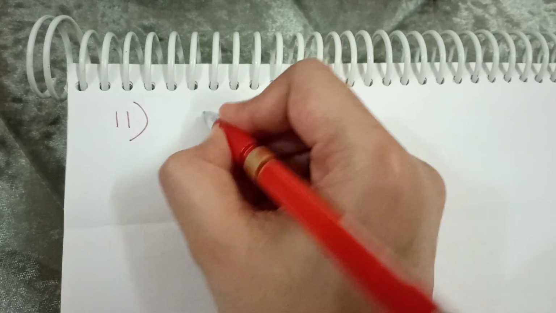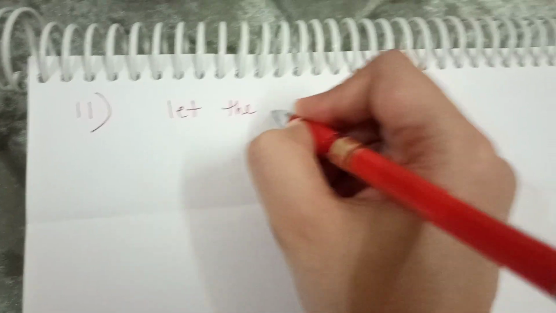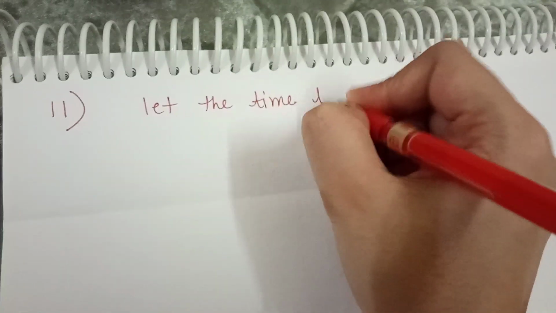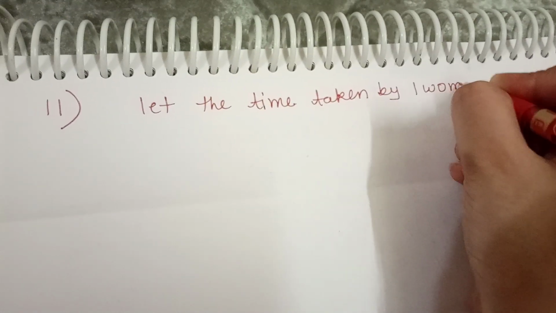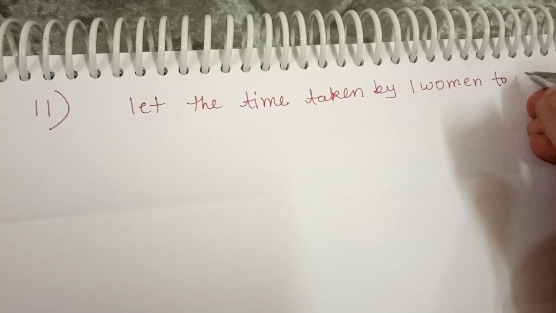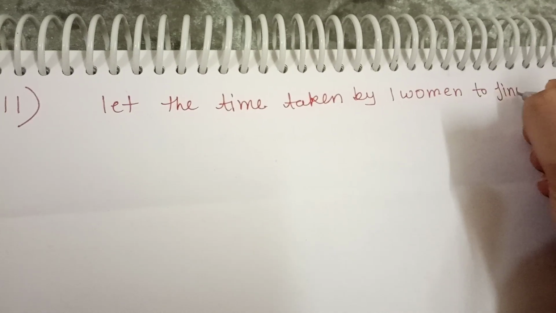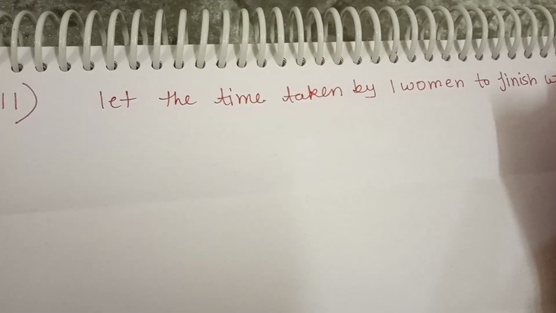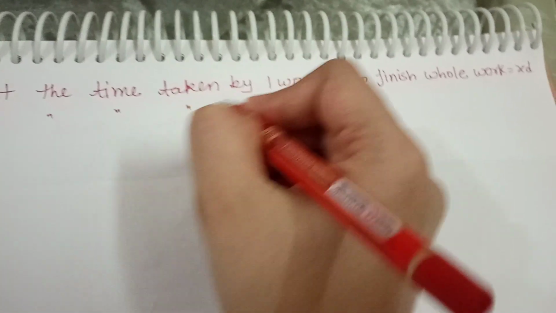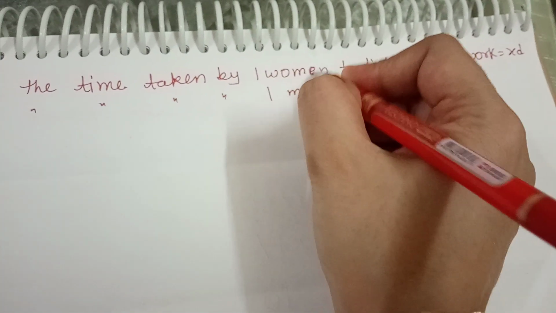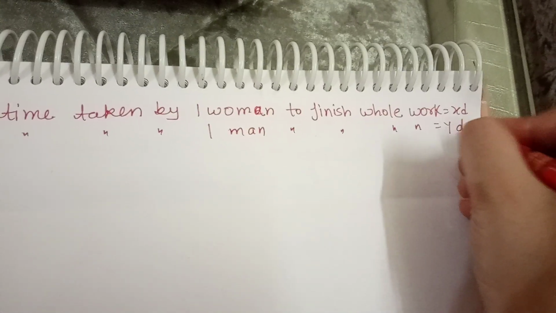So, I am letting the time taken by one woman to finish whole work equal to x days, and let the time taken by one man to finish whole work is equal to y days.